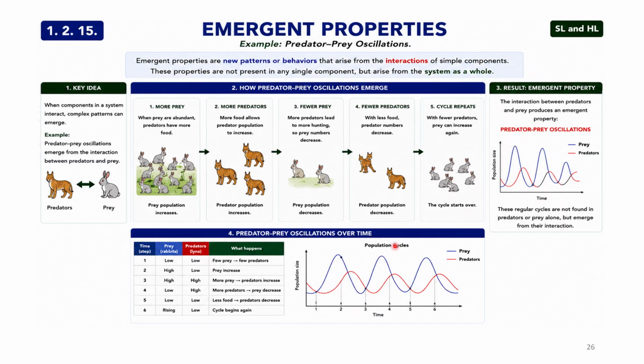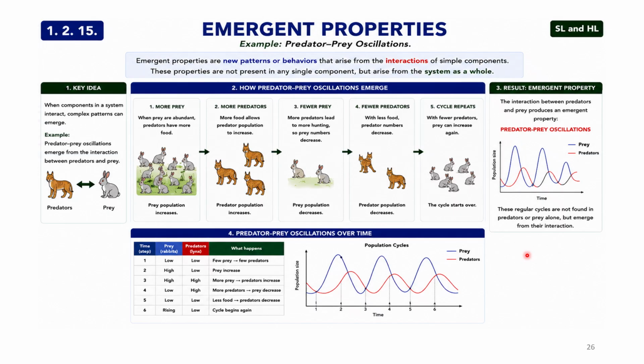The graphs and data table illustrate that prey populations typically increase first, followed by predator populations after a short time lag. Importantly, these repeating cycles are an emergent property of the entire ecosystem. Neither predators nor prey display this pattern independently; it emerges only through their continuous interaction.